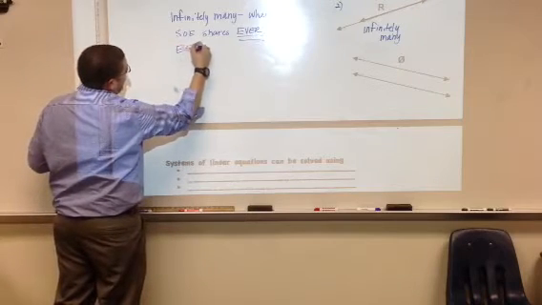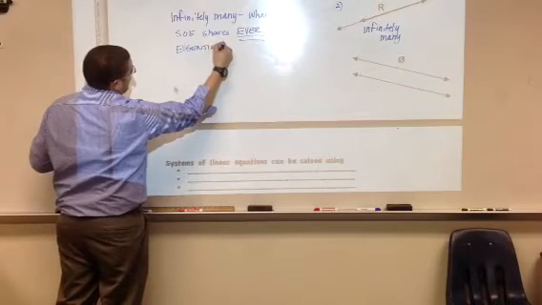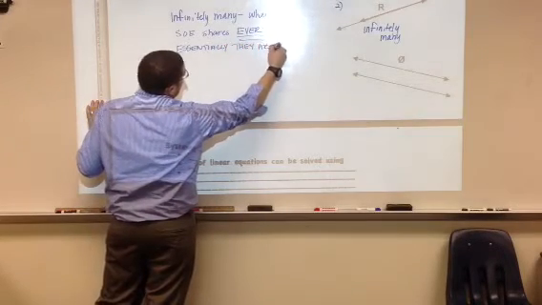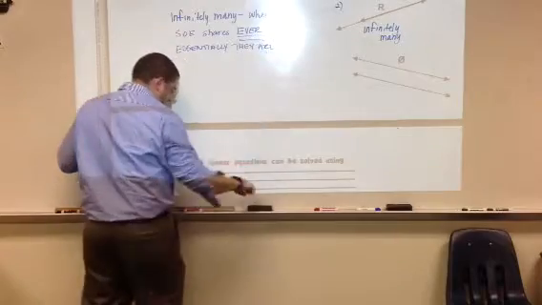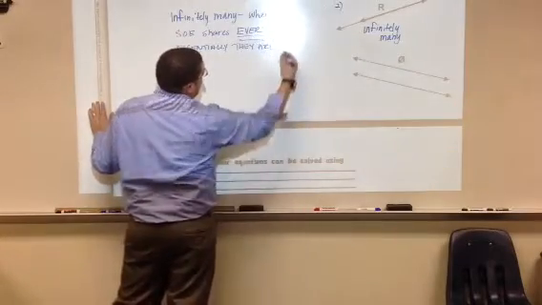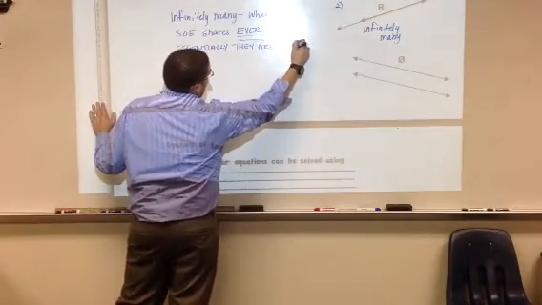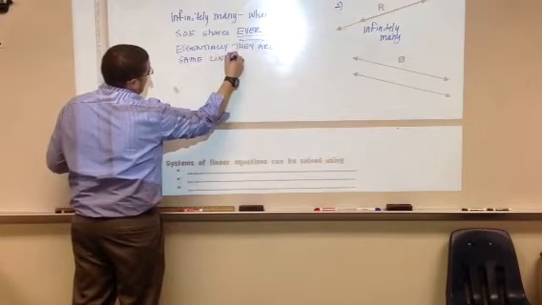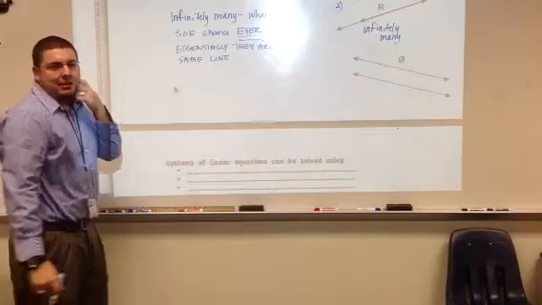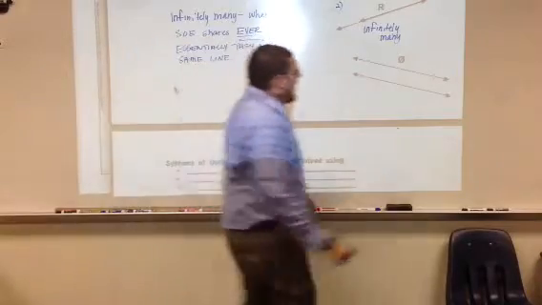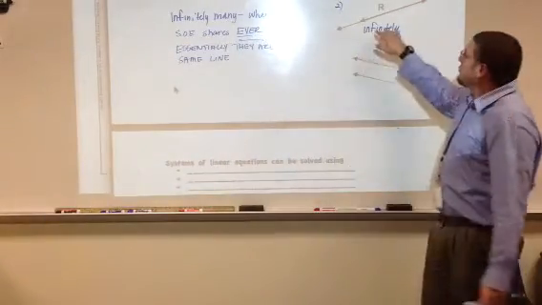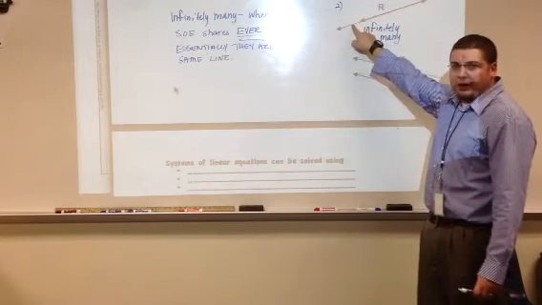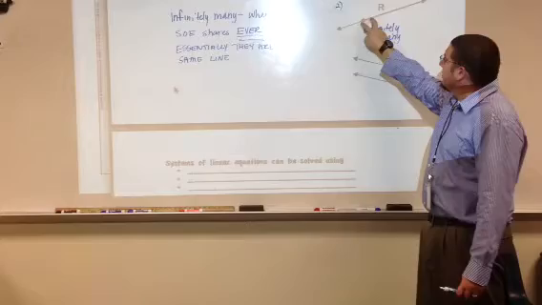Essentially, they are the same line. Essentially, it's the same line, okay? And you can see this on the graph here. If you look closely, and if you have your paper in front of you, you have one graph on top of another graph. Okay? Essentially, they're the same line.